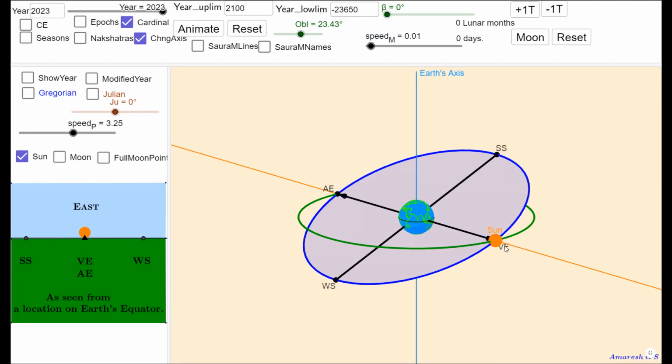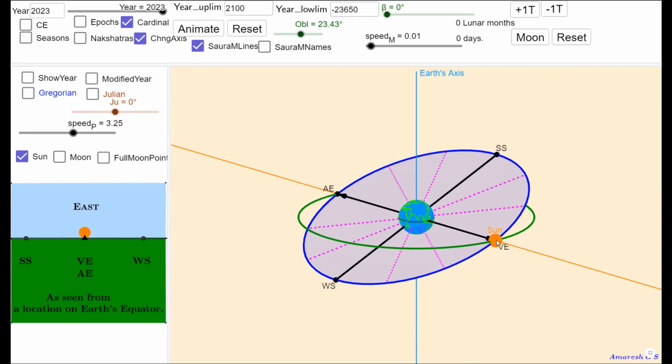The cross that you see designates four cardinal points. VE refers to vernal equinox. SS refers to summer solstice. AE refers to autumnal equinox. WS refers to winter solstice. Now, remember what we said. The solar year is divided into 12 months. So these are the 12 months.